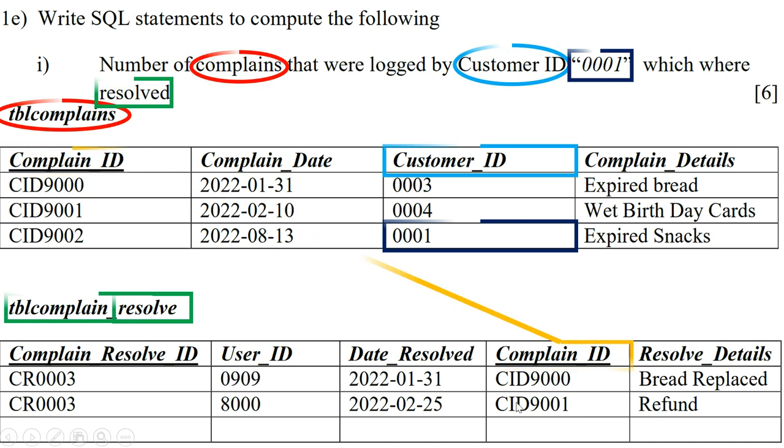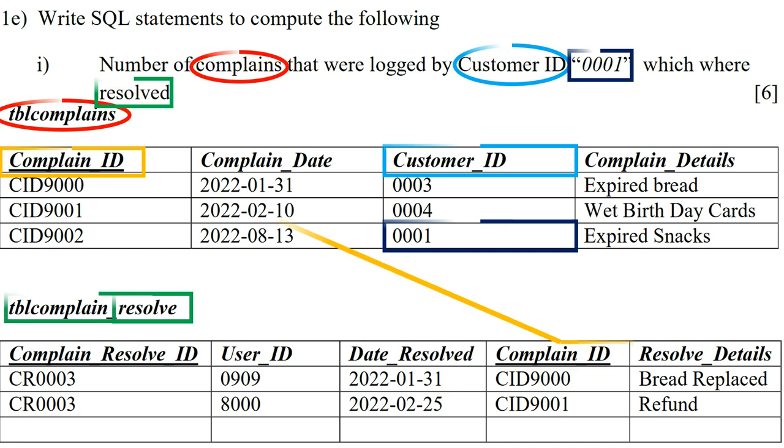Then we go to the next one that was resolved, CID 9001. 9001 was resolved, but who lodged 9001? It's the customer with customer ID 0004, meaning we are not counting it.